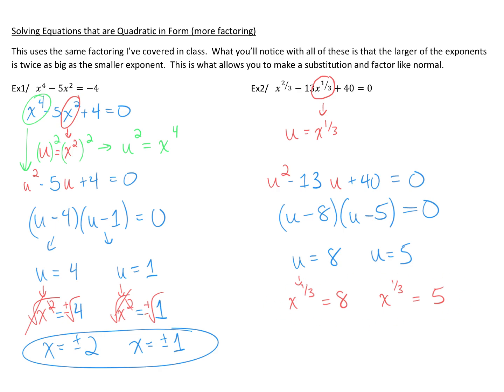What ends up happening here in the middle is that when you have an index that I'm going to call n and a variable inside of it, that's the same thing as writing x to a fractional exponent.